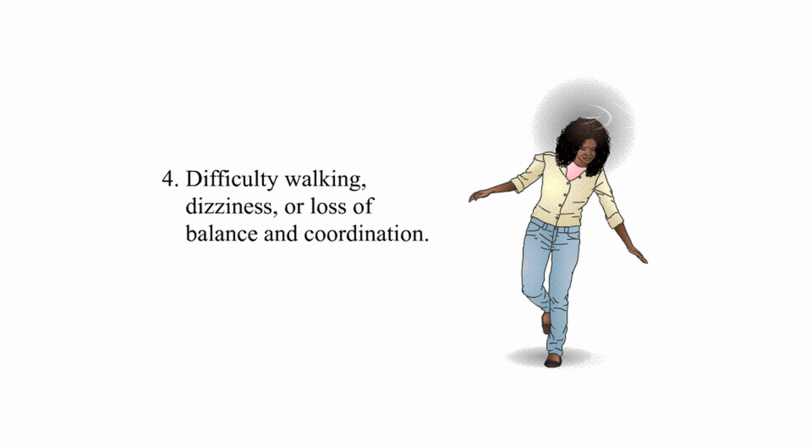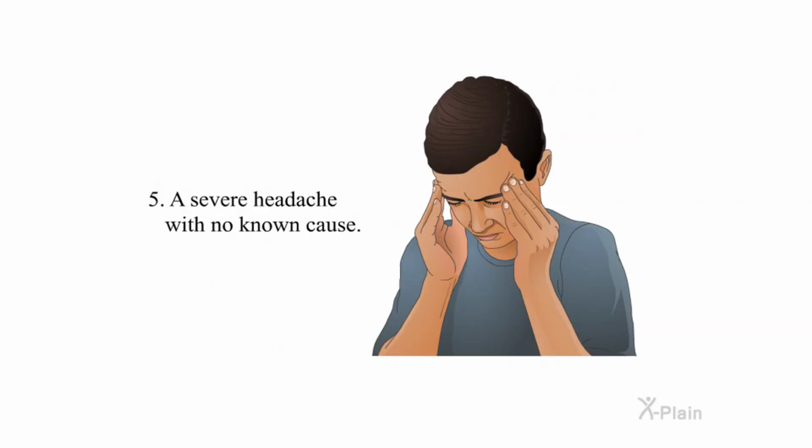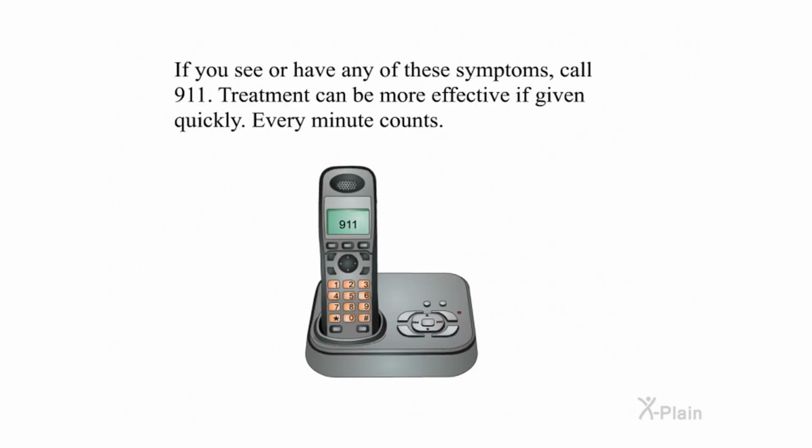Difficulty walking, dizziness, or loss of balance and coordination. 5. A severe headache with no known cause. If you see or have any of these symptoms, call 911. Treatment can be more effective if given quickly. Every minute counts.